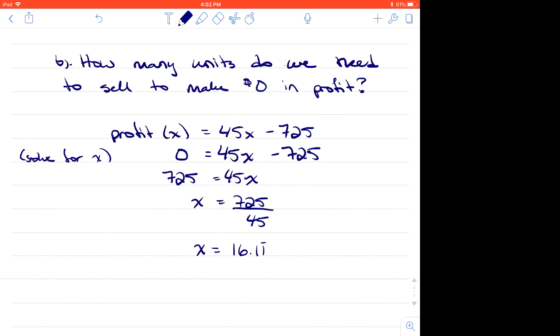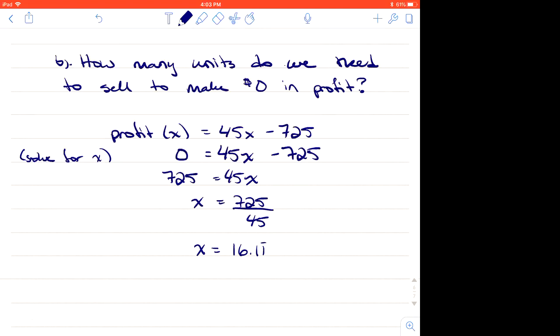Now, here's me getting a little nitpicky, because we can't actually sell 0.11 units. And so in order to make at least $0 in profit, we would have to sell at least 17 units. It depends on the scenario here.